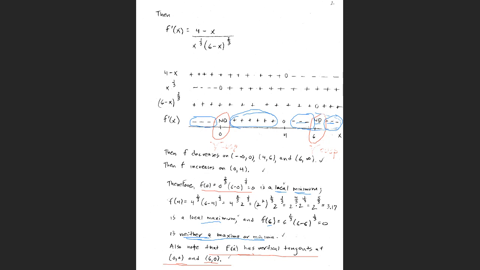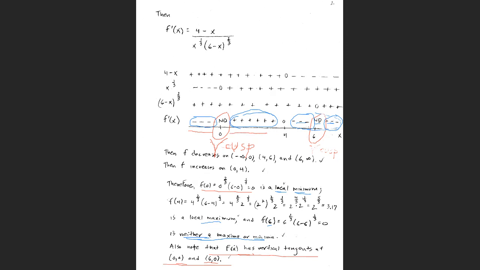But I will tell you at x equals 0, you have to have a cusp. You can say that at the origin this function does have a cusp there, because the function goes from decreasing to increasing.